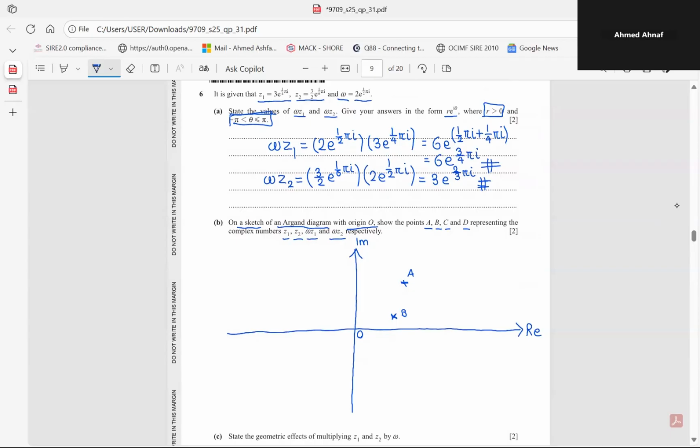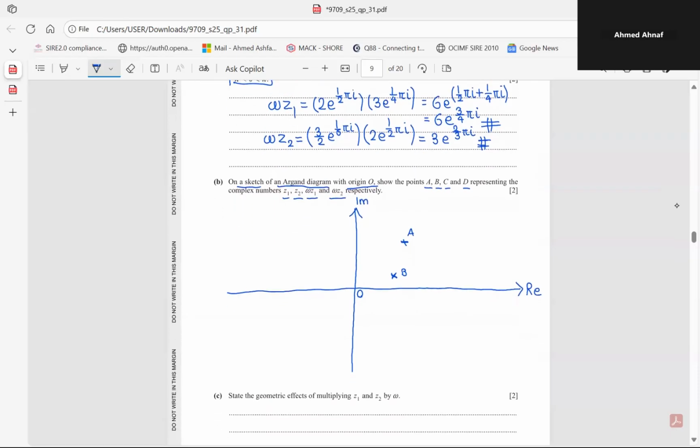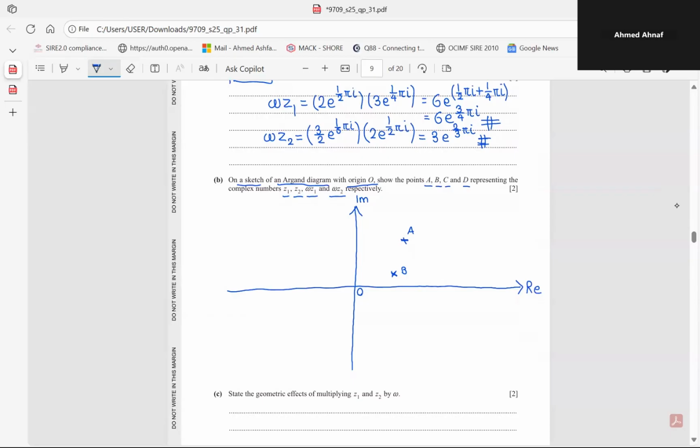Okay, so point C represents omega times z1. So the modulus of omega times z1 is 6, and the argument is 3 over 4 pi, which is equal to 135 degrees. So that's just 90 degrees plus 45 degrees.